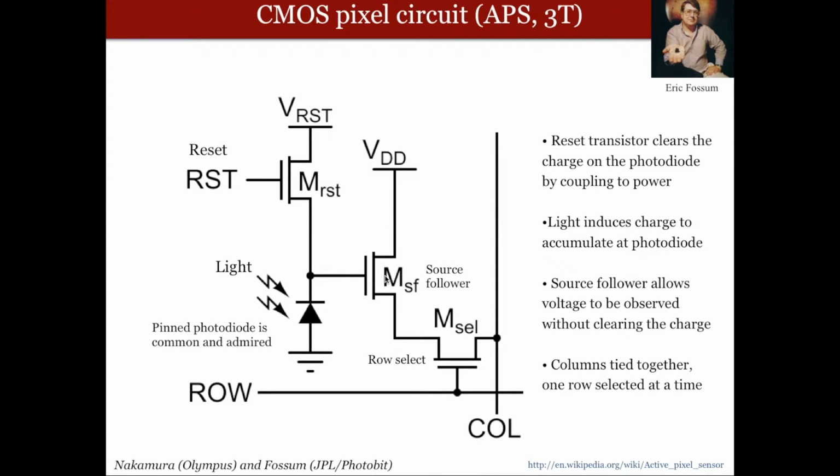When it switches, it turns on this source follower that puts the voltage out for this row and column when this line is selected. And so there you have your 3 basic transistors that are moving the data from here. The columns are tied together, and one row is selected at a time. You read these things out in series.